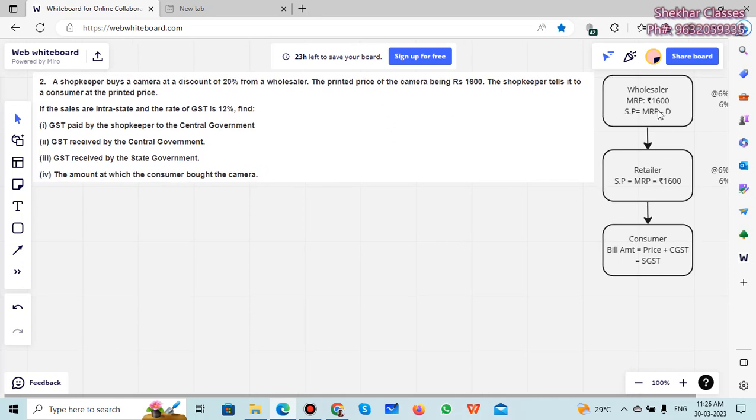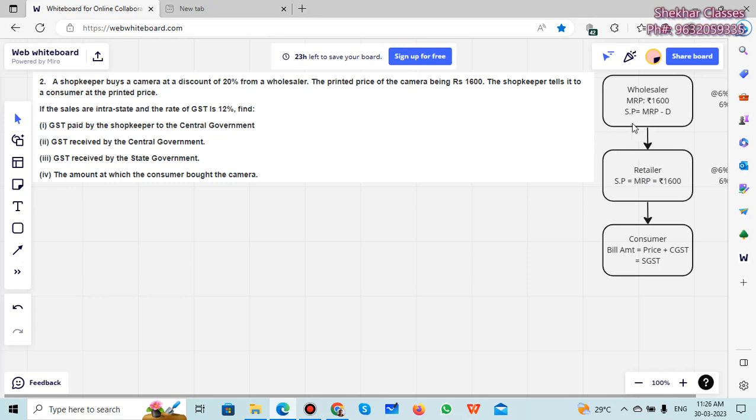There is a wholesaler. He's selling. Okay, he has a camera with him which he will be selling to the shopkeeper or retailer, right? And the price which is printed on the camera is 1600 rupees, right? But he is selling it to the retailer at a discount of 20%.